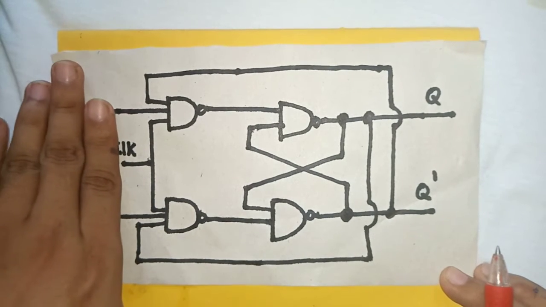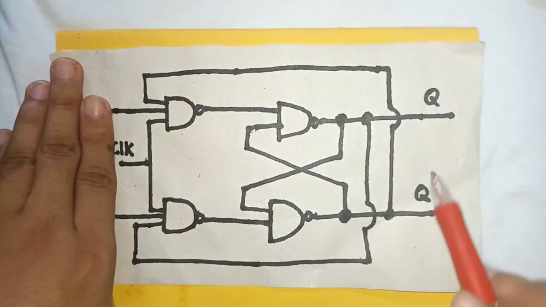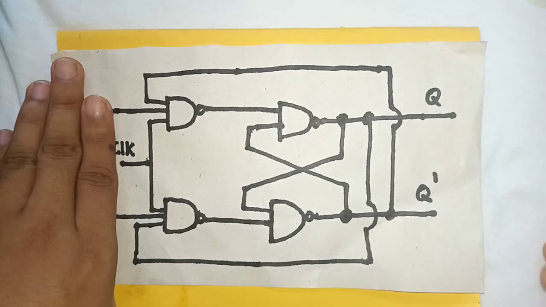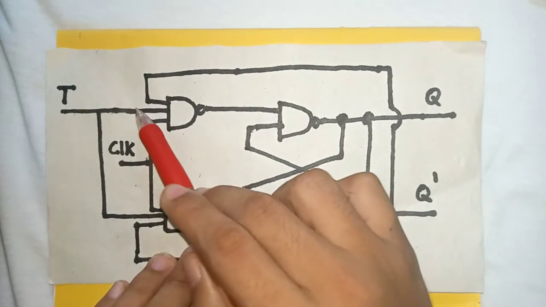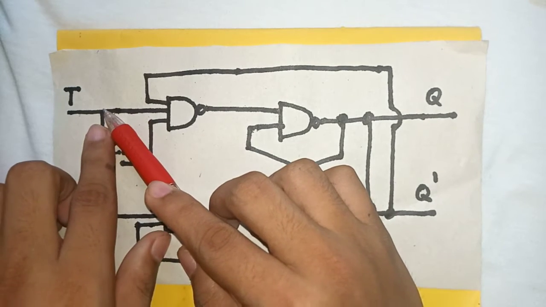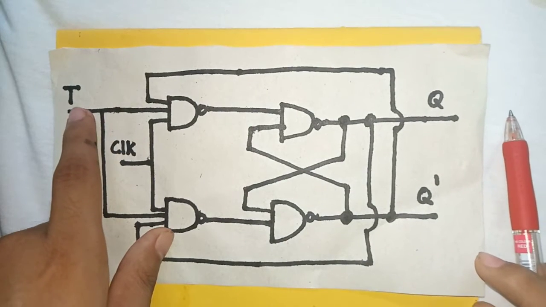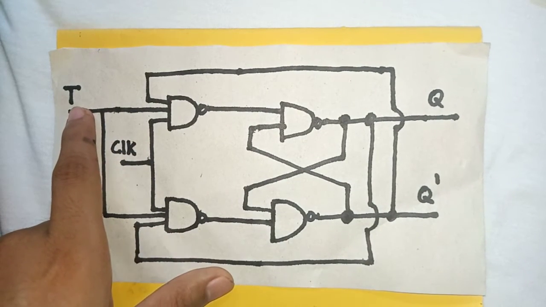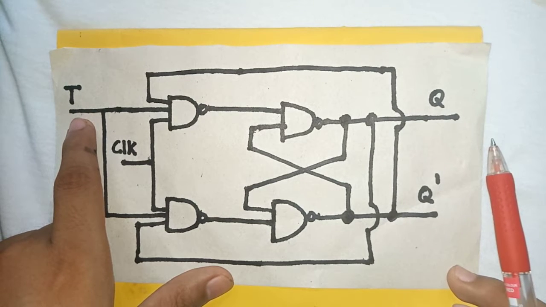Assuming we don't have this connection, this whole thing is called a JK flip-flop. By connecting the input J and the input K together, we will have a single input, and we label it as a toggle input. So this diagram makes it a T flip-flop.